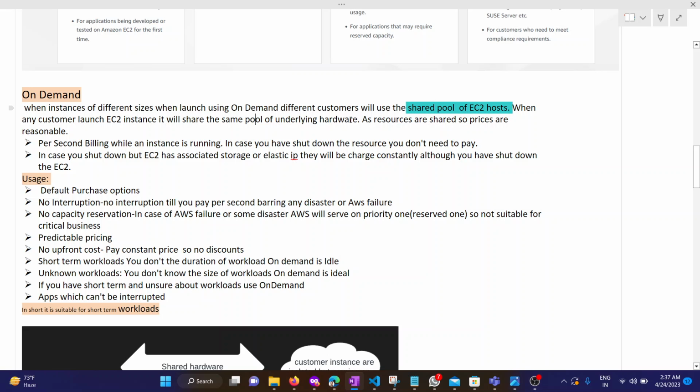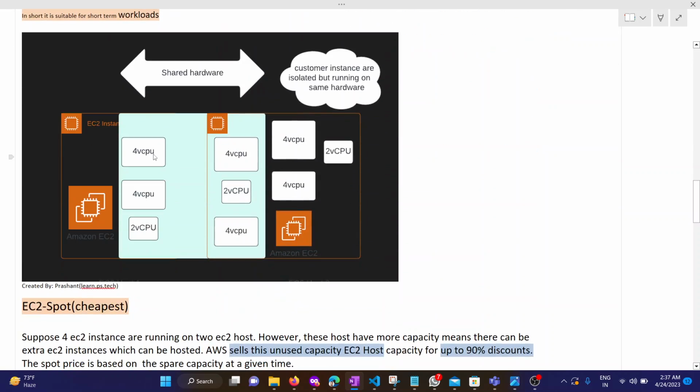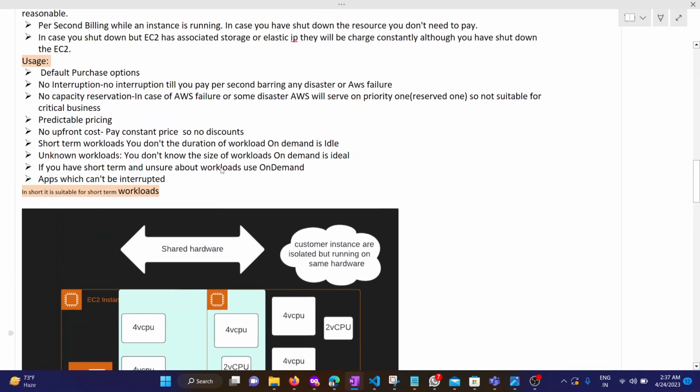As resources are shared, prices are reasonable. These resources have been shared, so the prices will be reduced. That's why on demand is in a reasonable price, not the cheapest but reasonable.